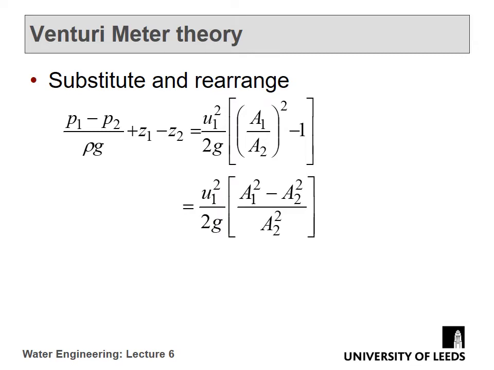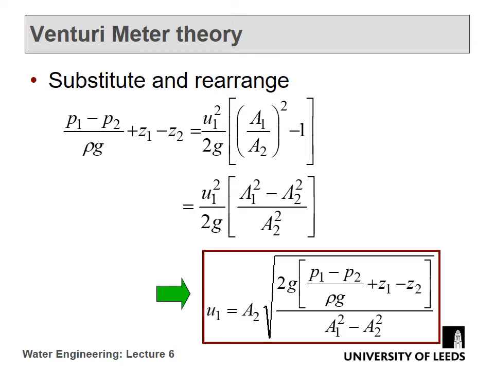It's not so clever, this rearrangement, straightforward algebra, and we get something that looks a little bit unwieldy, but it's a straightforward manipulation of the Bernoulli equation. You should be able to do that if asked for, but generally we're not looking for derivations of equations. That's a straightforward manipulation.